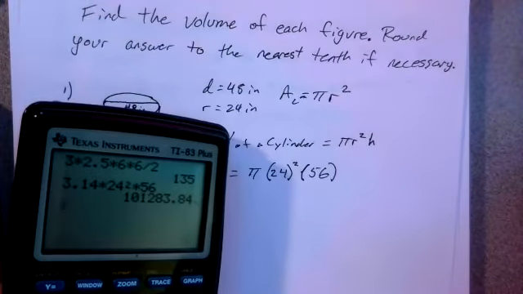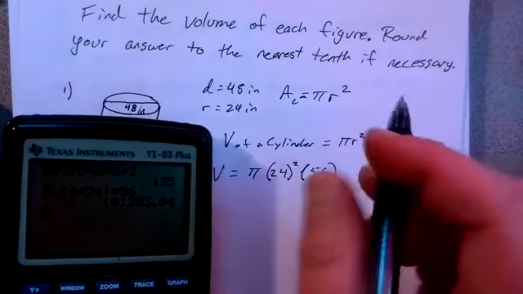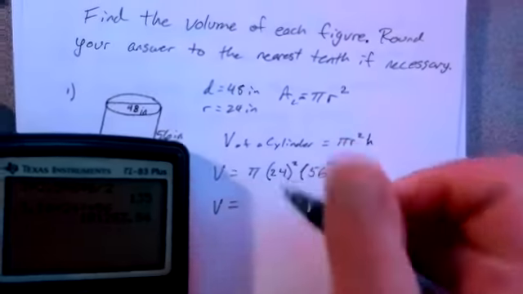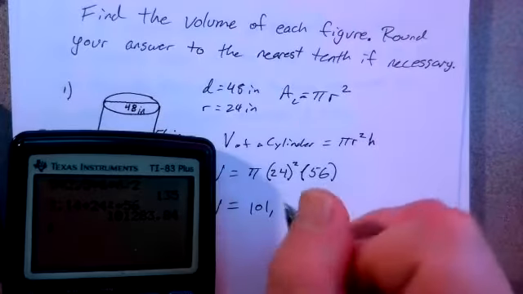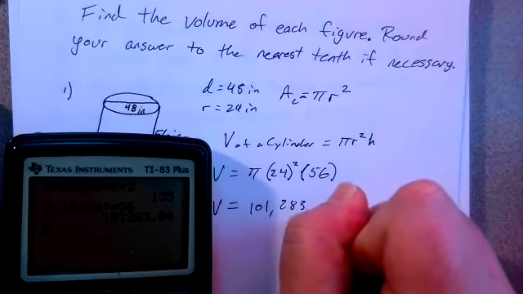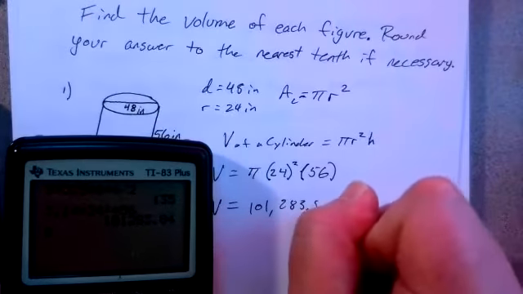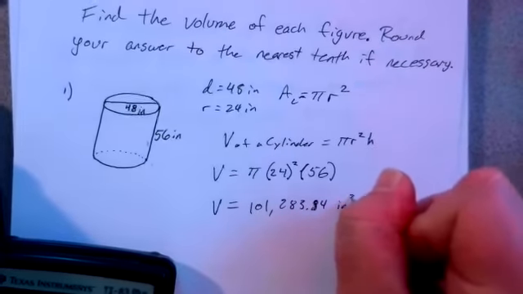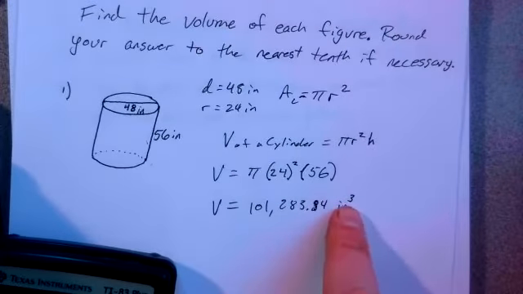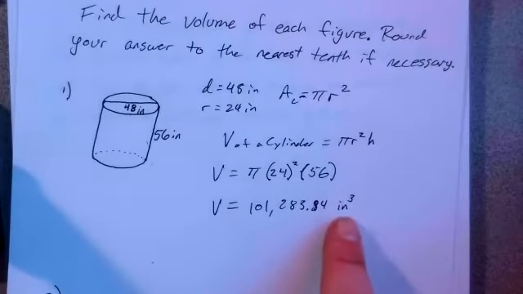That's a huge number. Okay, here we go. The volume then is 101,283.84 inches cubed. Volume is going to be cubes. So when it comes to your notation, make sure you say the units cubed.